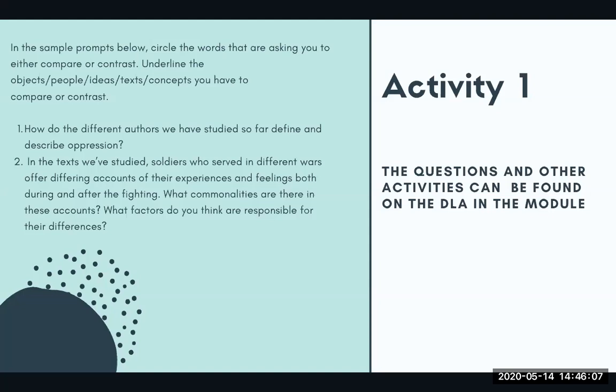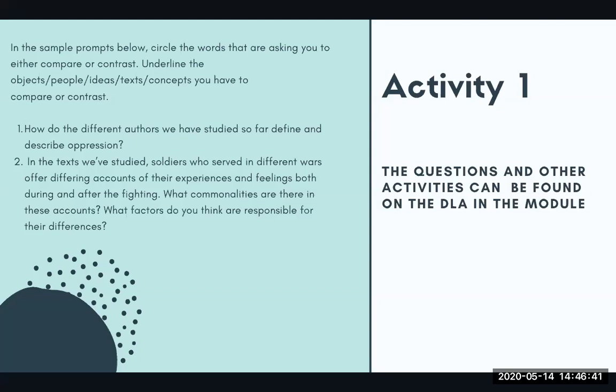So once again, that first part, instead of circling words that you are comparing or contrasting, make sure to highlight it in yellow. Instead of underlining objects, people, ideas, texts, or concepts that you have to compare and contrast, highlight those subjects in green. So that first part, you're doing in yellow. That second part of the question, you're highlighting in green.